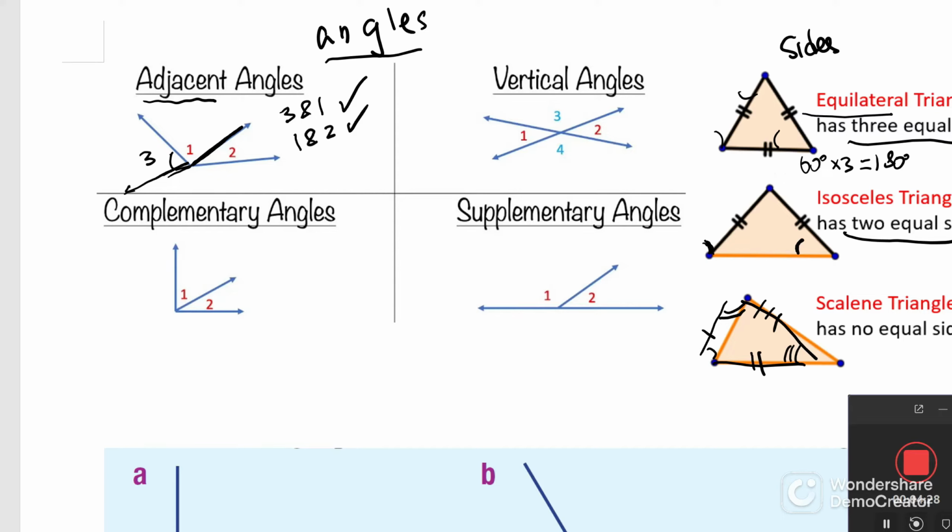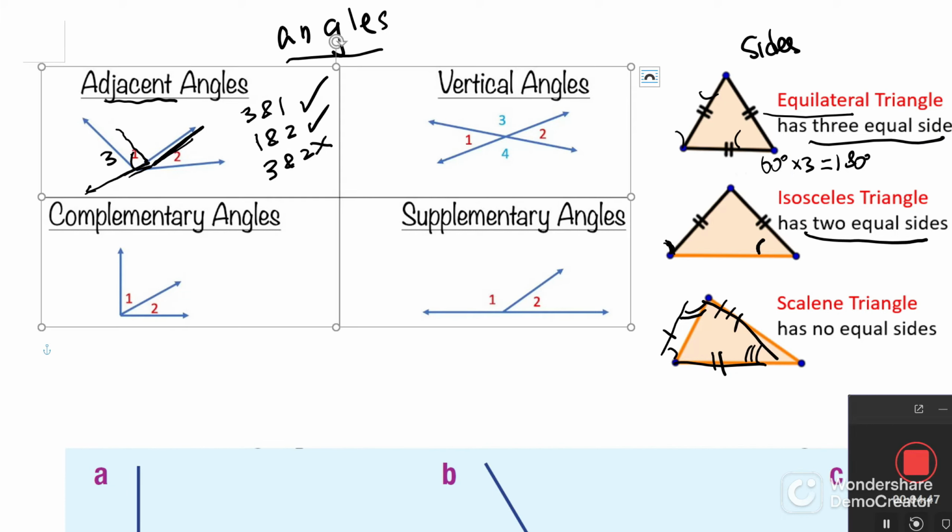Between 3 and 1, there's a shared arm. Between 1 and 2, there's also a shared arm. Now, how about 3 and 2? Do they share an arm? No, they don't. Are they next to each other? No, they're not. So 3 and 2 are not adjacent.